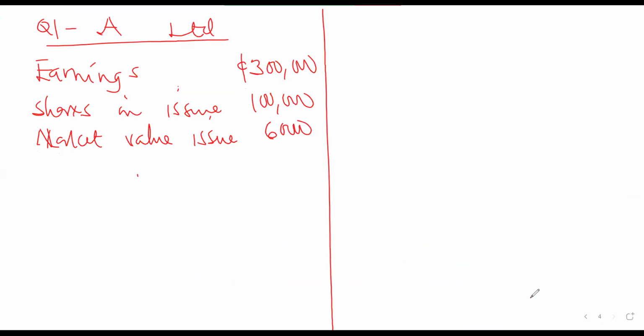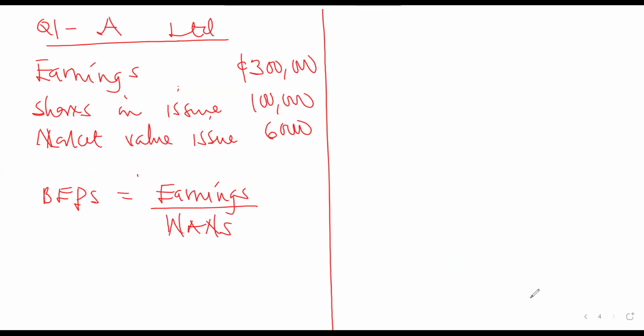Okay, so let's calculate our basic earnings per share. That will be the earnings for the year divided by our weighted average number of shares. Mostly you will only be calculating the weighted average number of shares.